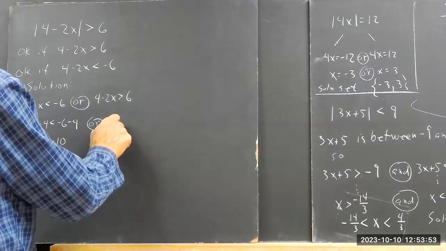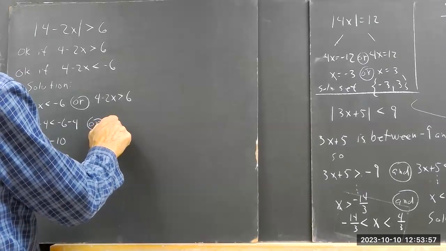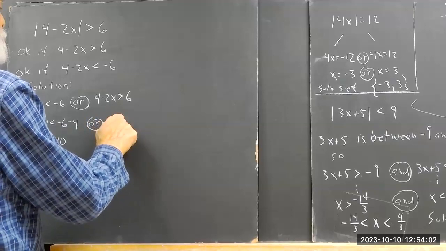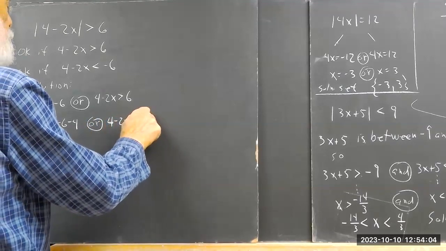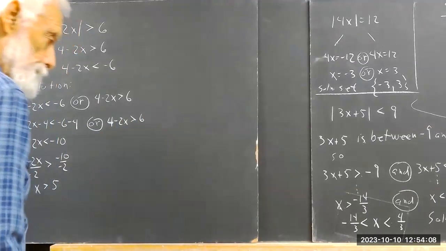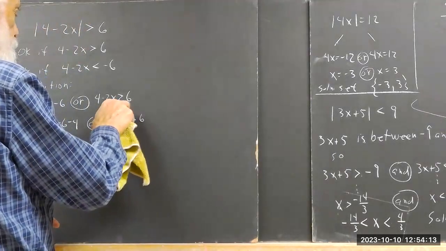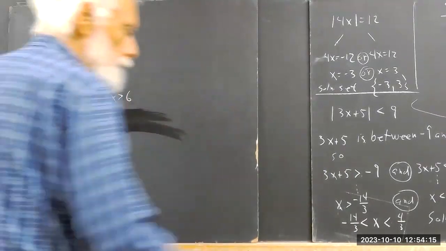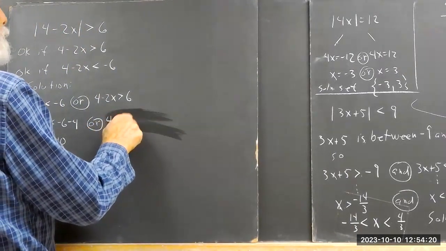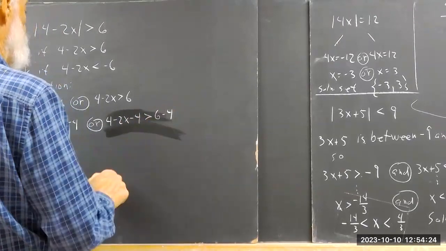Or, all right, that's 4 minus 2x greater than 6. I'm going to decide how much to write out. 4 minus 2x minus 4 is greater than 6 minus 4.